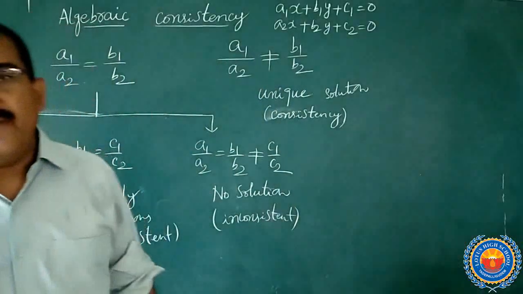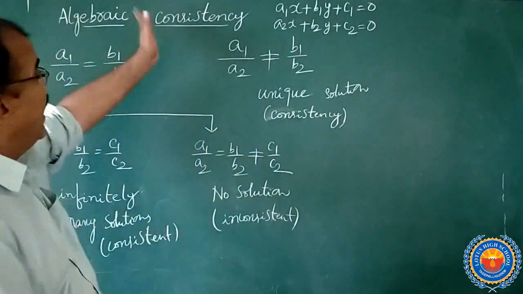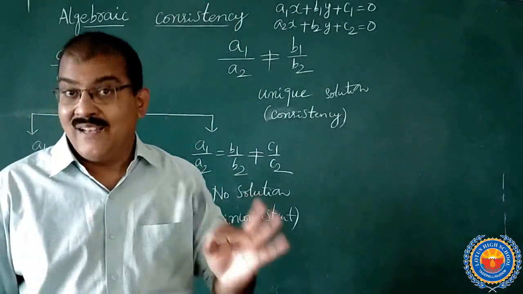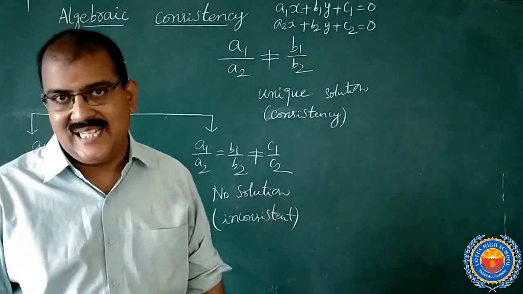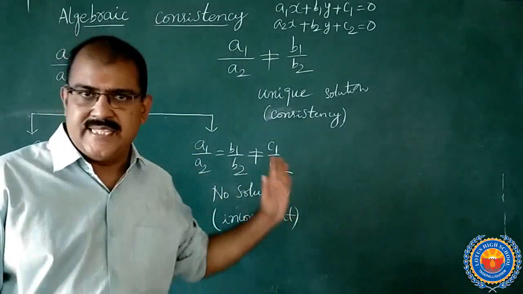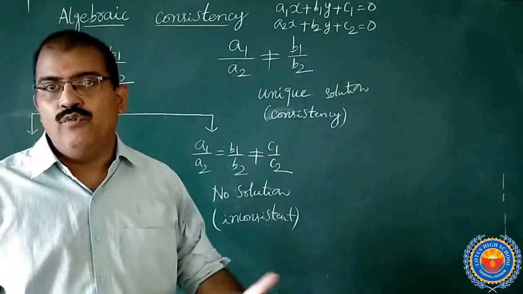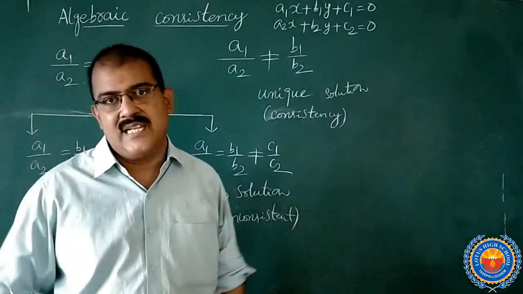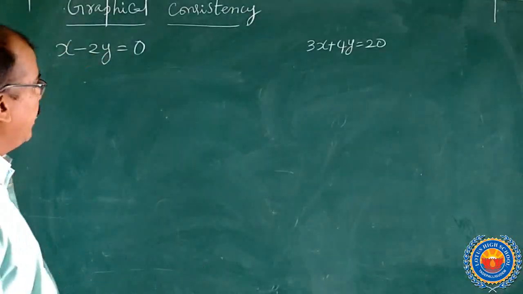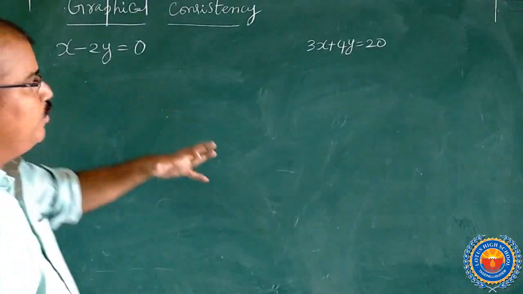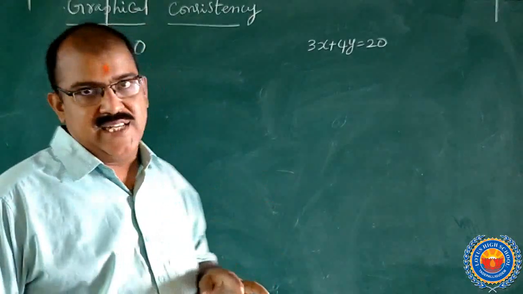Now, today we are going to learn, since algebraic consistency is over, graphical consistency. This is one type. Now we are going to check graphical consistency.